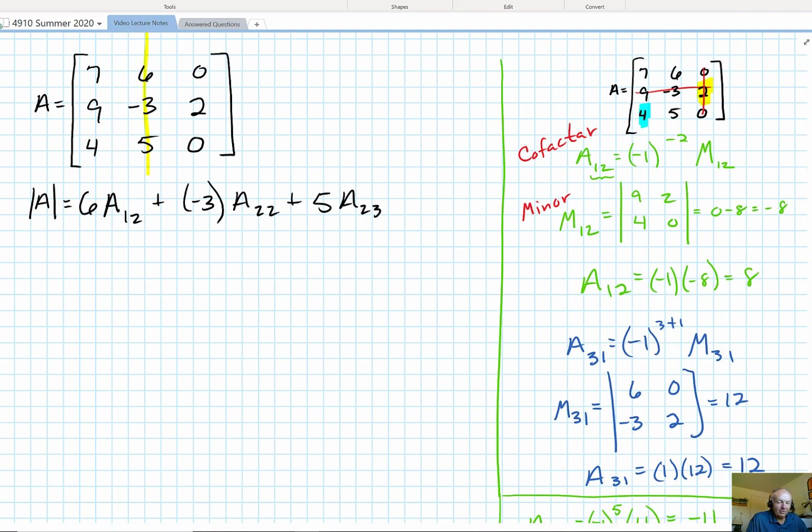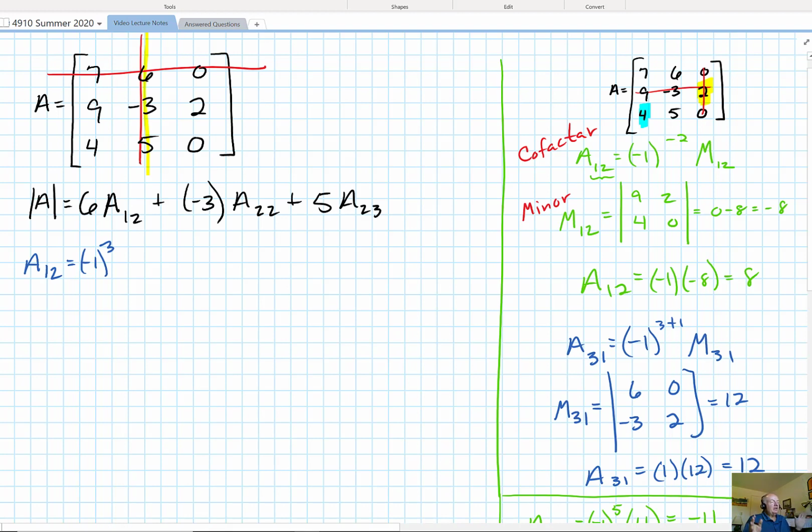Let's do that here. A sub 1, 2. It's going to be minus 1 to the 3rd power, times the 1, 2. So we're crossing out that row and column. What's left is the 9, 2, 4, 0.